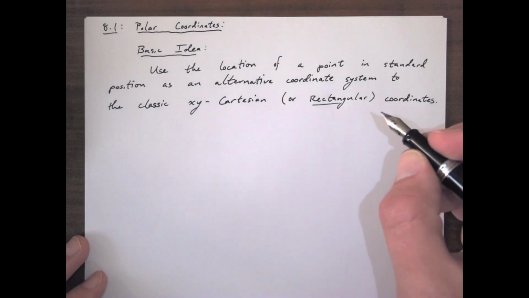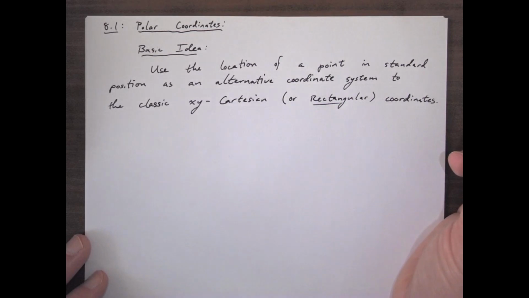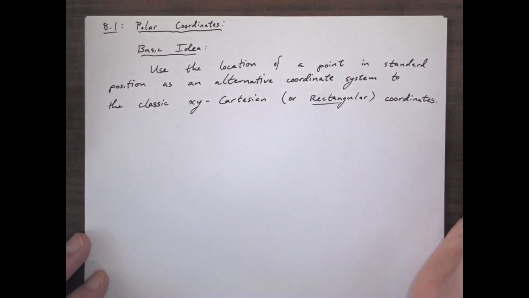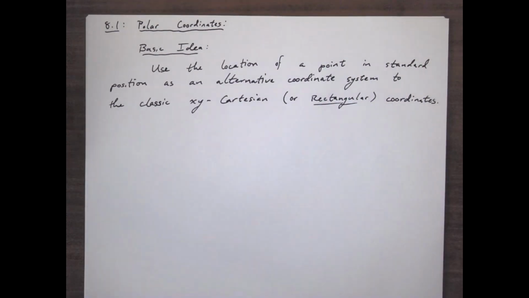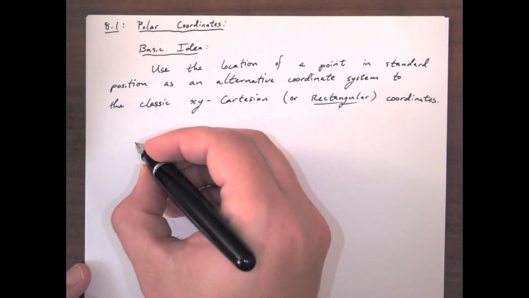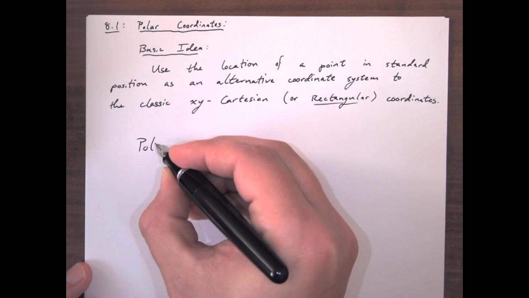So that is called the Cartesian coordinates, and it is named after René Descartes, who was the first person to formulate it. Or it's also called the rectangular coordinate system, and it's called rectangular because the two coordinate axes are at right angles to each other. So rectangular, right angle. So here is what polar coordinates, on the other hand, as an alternative would be.